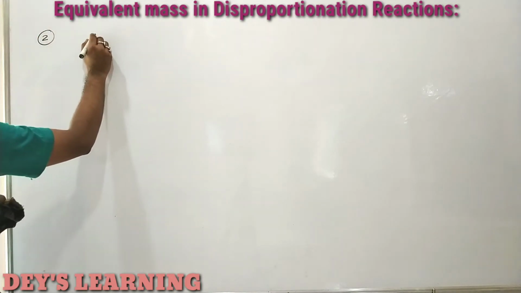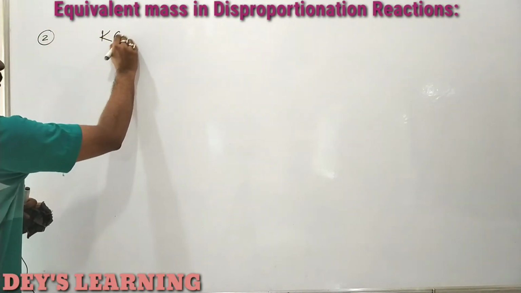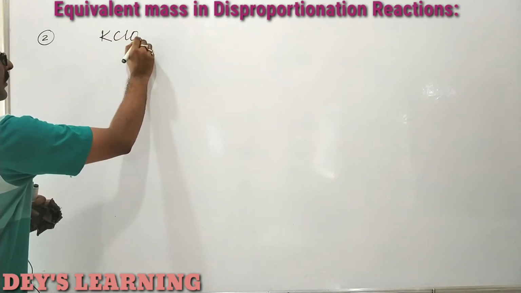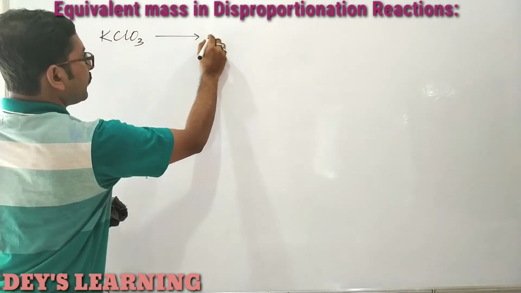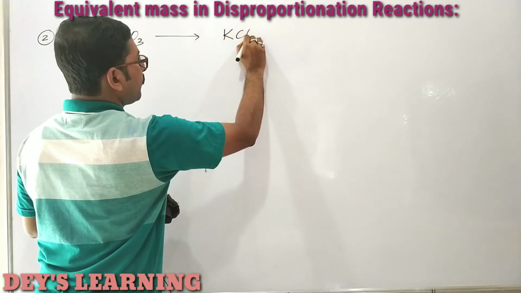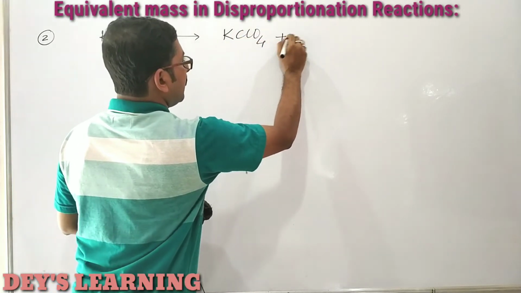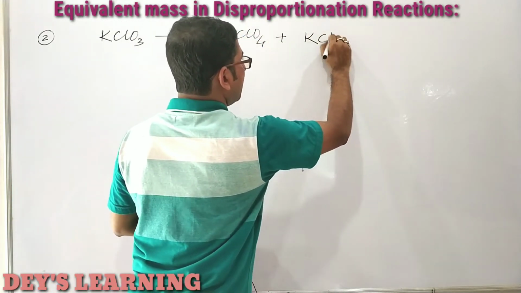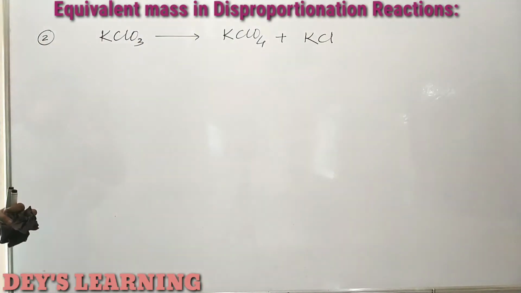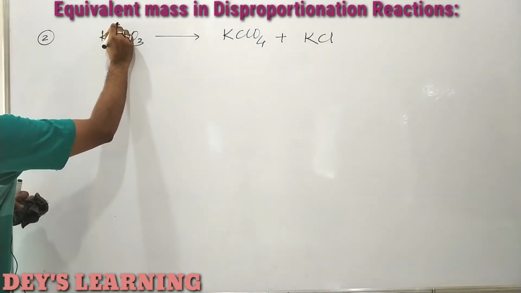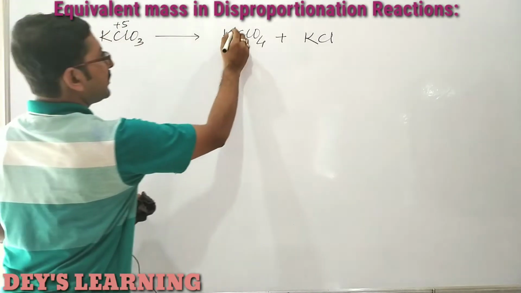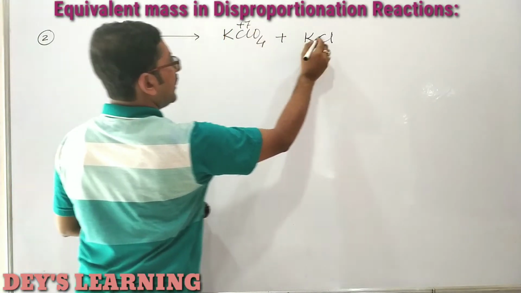We know when potassium chlorate KClO3 is heated, it produces KClO4, potassium perchlorate, plus potassium chloride. This is again a disproportionation reaction. The oxidation number of chlorine is plus 5 here, the oxidation number of chlorine is plus 7 here, and it is minus 1.